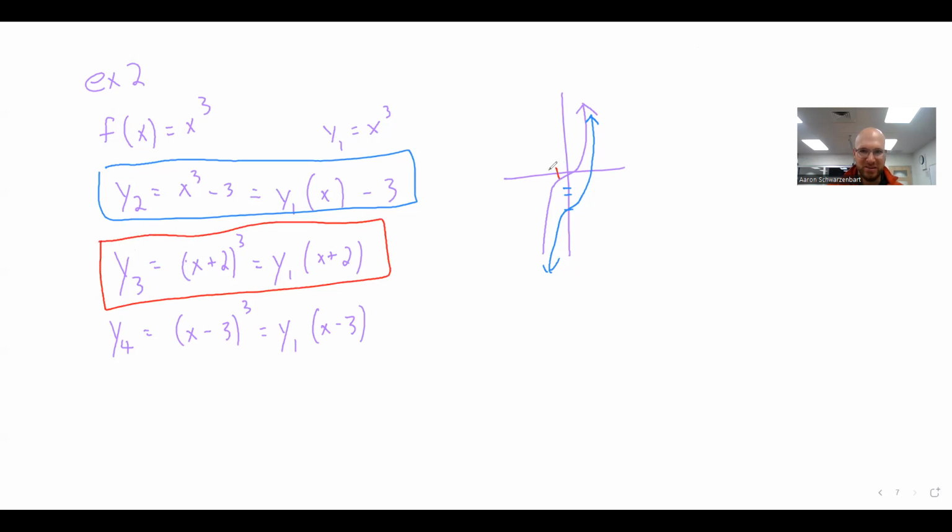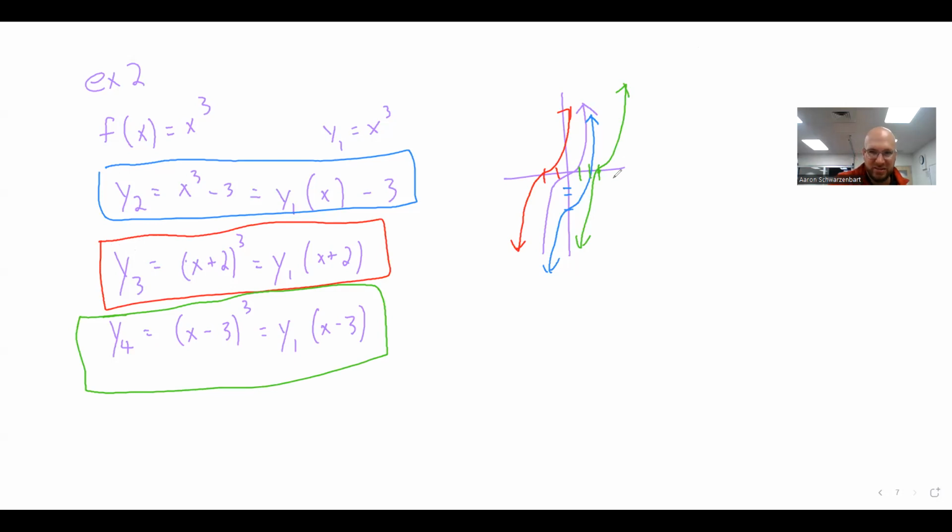Inside means left, right, and opposite the sign, so I'll shift it over. My last one, I will shift opposite the sign again, so right 3. And let's take a look at all of these on the graphing calculator. And we'll see that they do all, in fact, come out to what I'm showing.